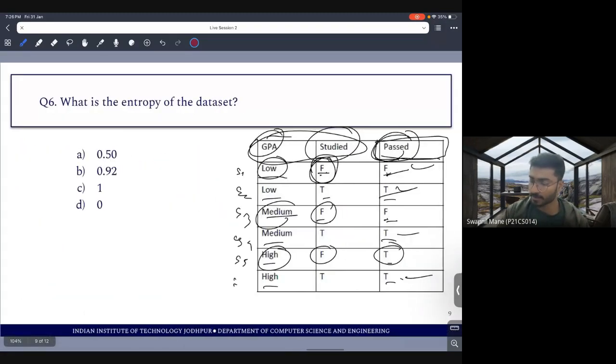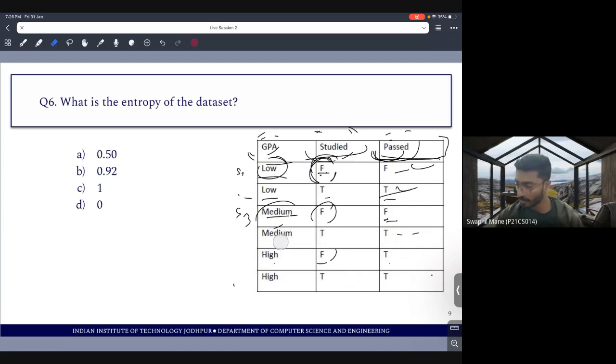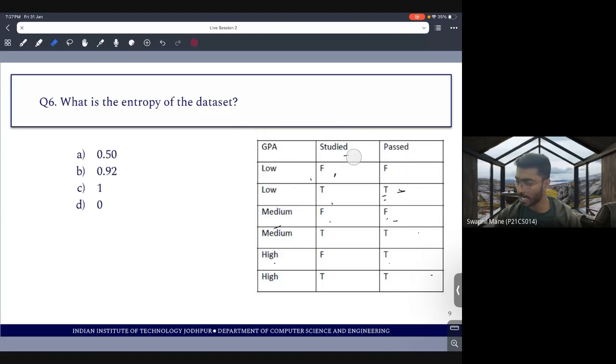Okay, let's move to another question. We have discussed that initial point. We need to calculate the entropy of the database. Entropy of the database means we need to calculate the entropy of the target label attribute.